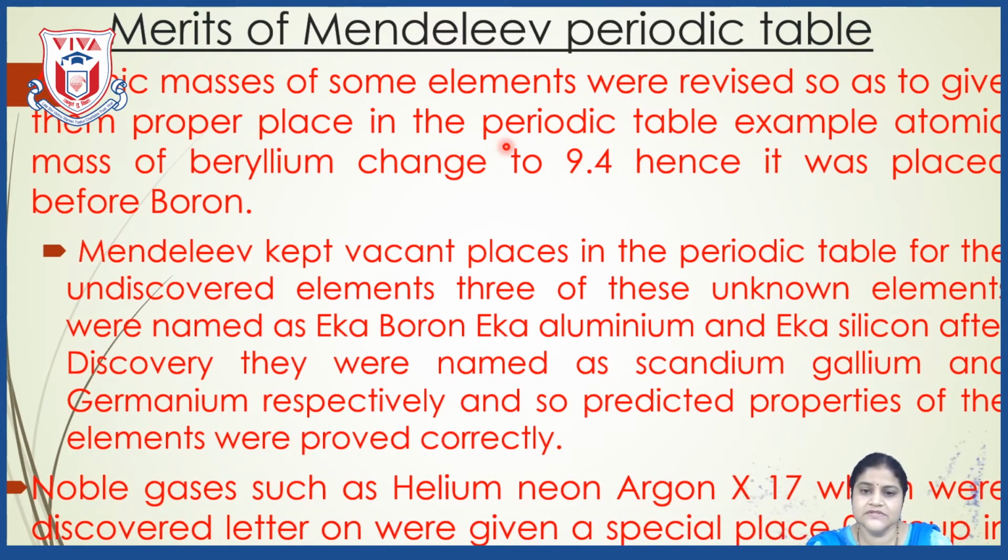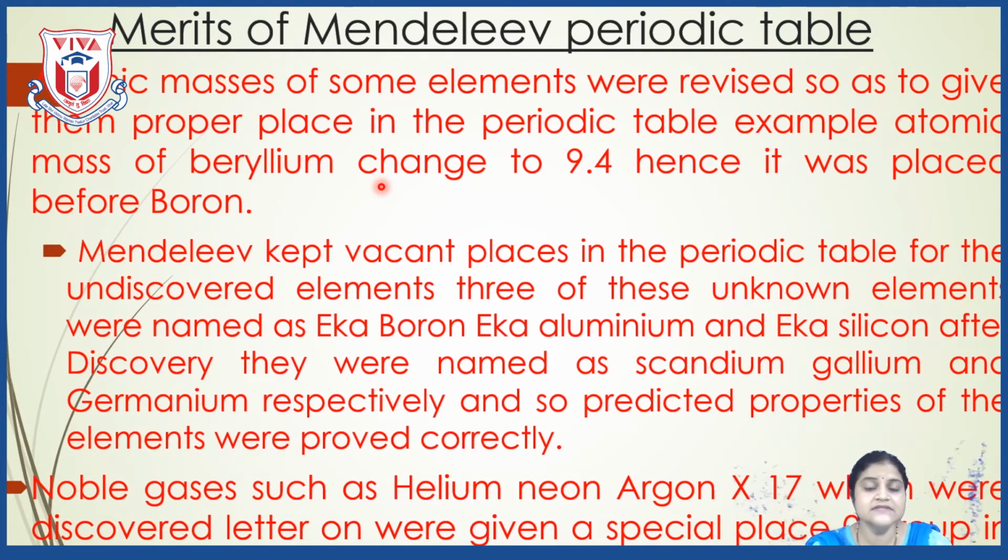Now what he did was, whatever number of elements were present during his time, that is 63 elements, he made a detailed study of all those elements. And he understood that some of the elements had wrong atomic masses, because his whole classification was based on atomic mass.